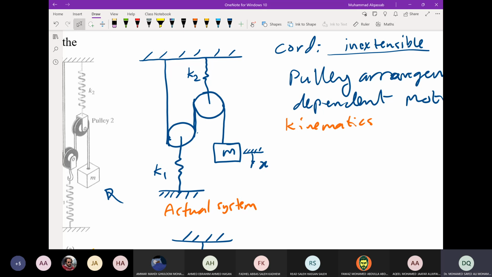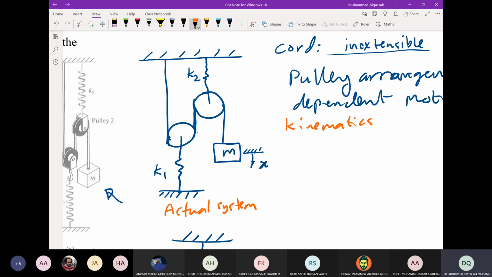With the assumptions we made, that the pulleys are massless and frictionless, that the spring masses are neglected, and also that the cord is inextensible, then we can use the kinematics.